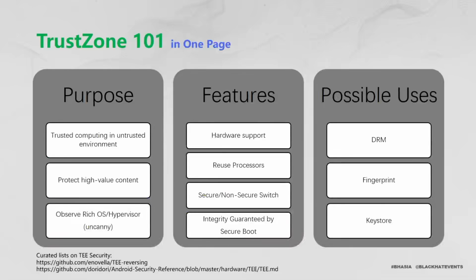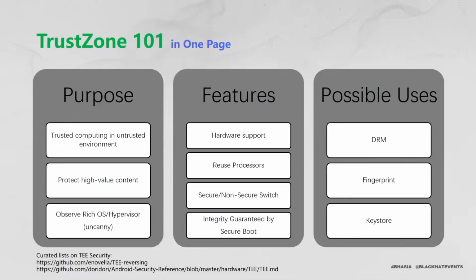Here I want to talk about the basics of TrustZone in one page. The purpose of implementing TrustZone is to do trusted computing in an untrusted environment and to protect high-value content.